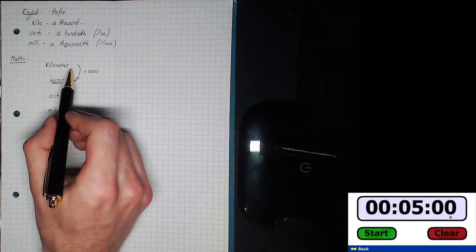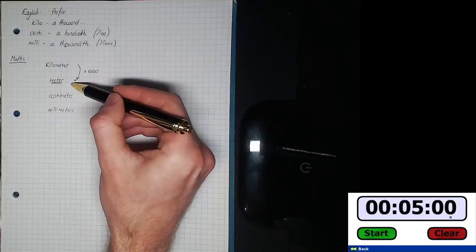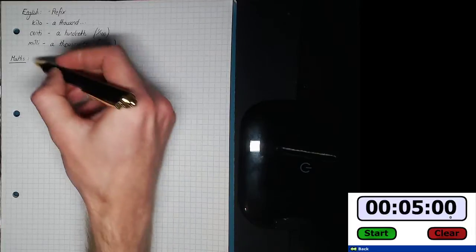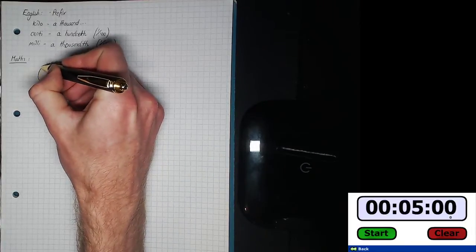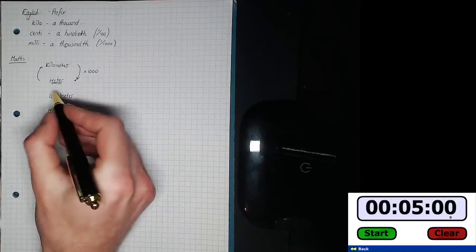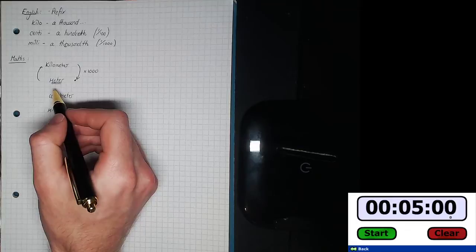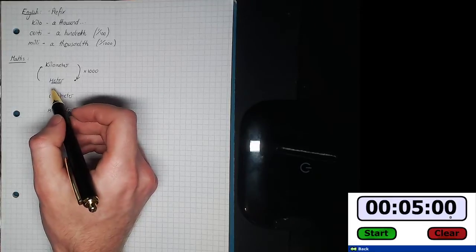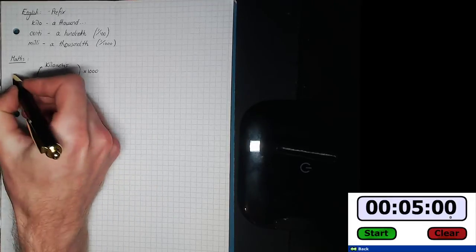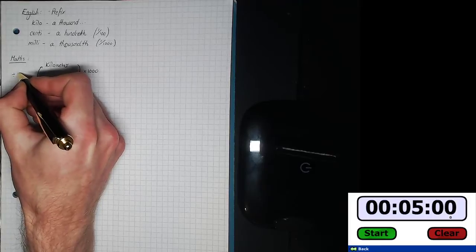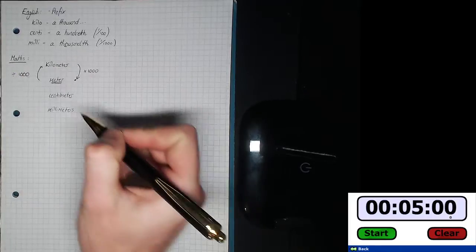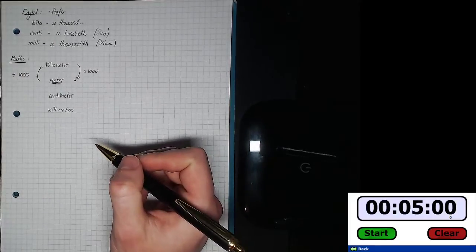If we have 1 kilometer, we would have 1,000 meters. And if we were to do the opposite, going from meters to kilometers, if I've got 2 meters, that should be a really small amount of kilometers, so I would have to divide by 1,000.